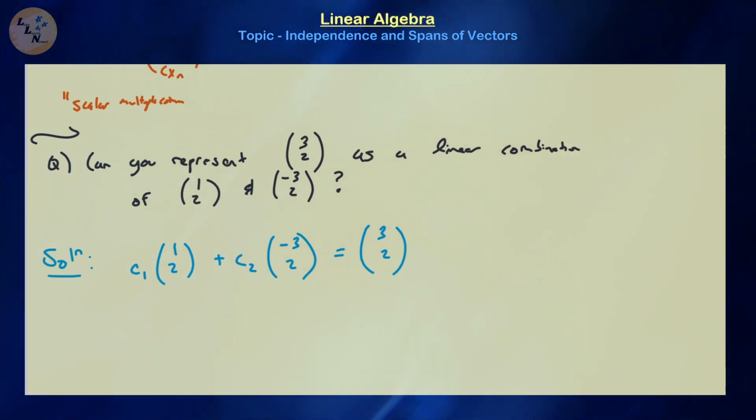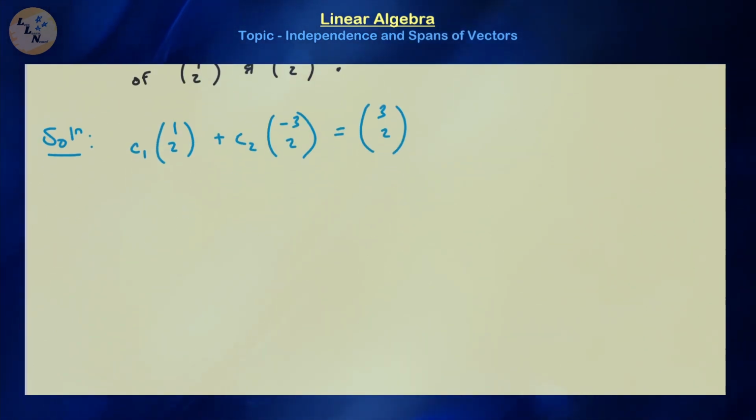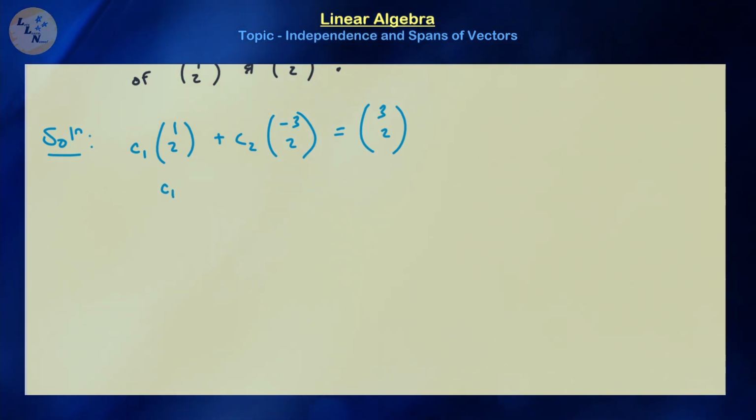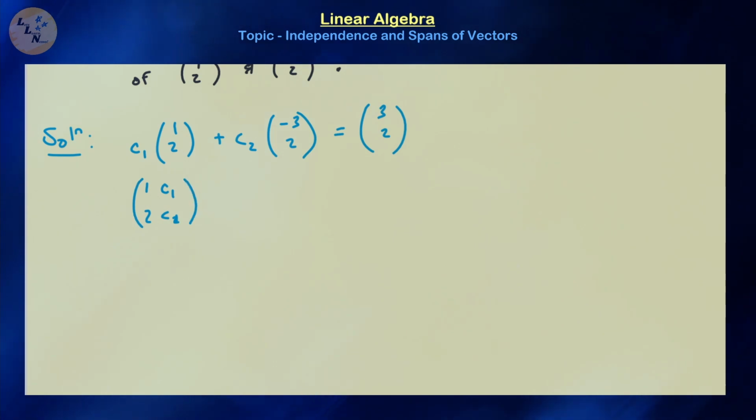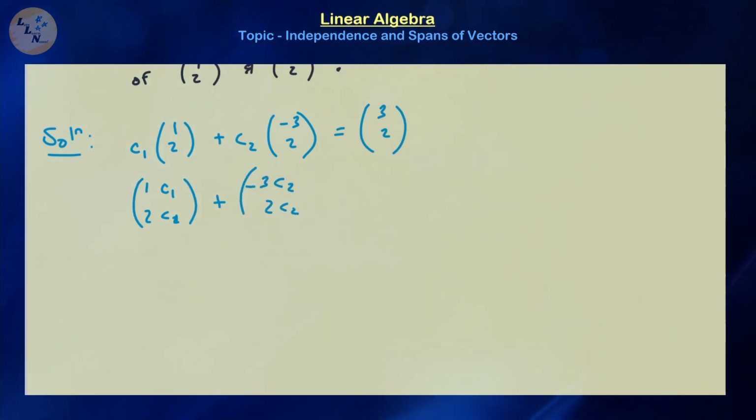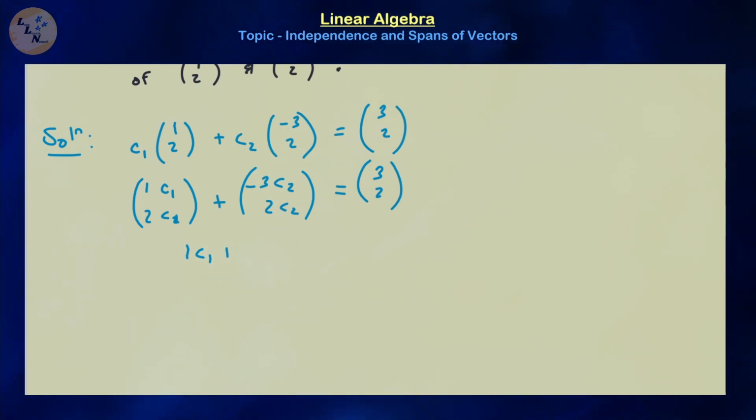Now we can of course write this in component form because this is the same as c1 times 1, 2, plus c2 times -3, 2, and that's equal to 3, 2. That's the same as 1c1 minus 3c2 on top, and 2c1 plus 2c2 on the bottom, and that's going to be equal to 3, 2.